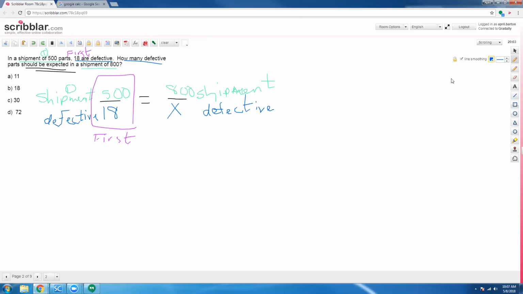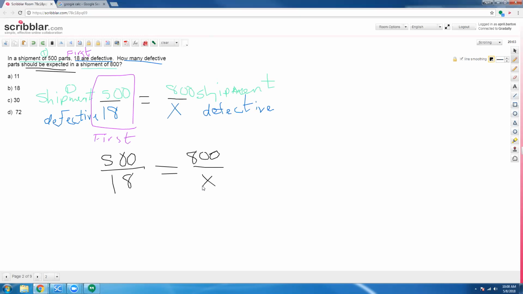So now we have our proportion set up. I'm going to write it without all of my extra information on it. Sorry, that is 500. Sometimes it's hard to write with a mouse, so it looks a little funny. So now we're set up to do our cross multiplication. What things will multiply together?